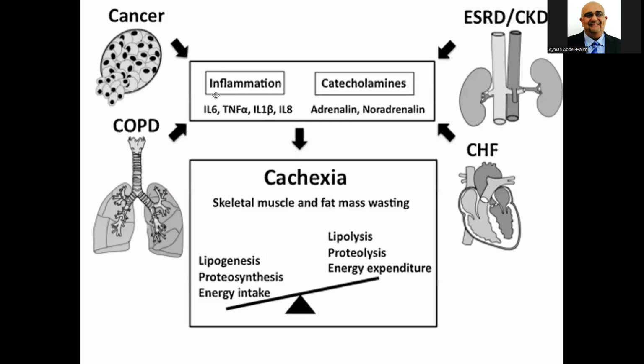As you see from this nice picture here, with cachexia, there's increased inflammation and catecholamine. So it has two arms, an inflammatory arm and a metabolic arm. And this will eventually lead to lipolysis, proteolysis, and excess energy expenditure. Guys with cachexia lose a lot of energy.